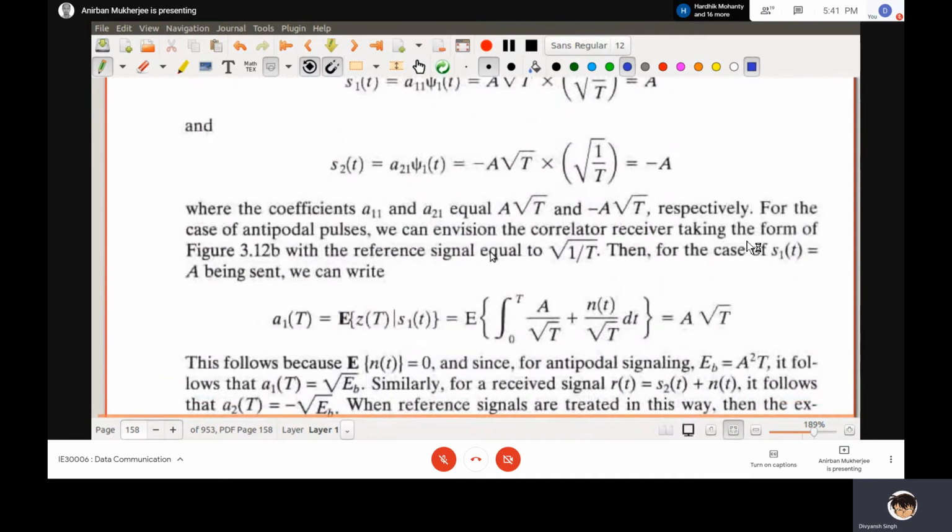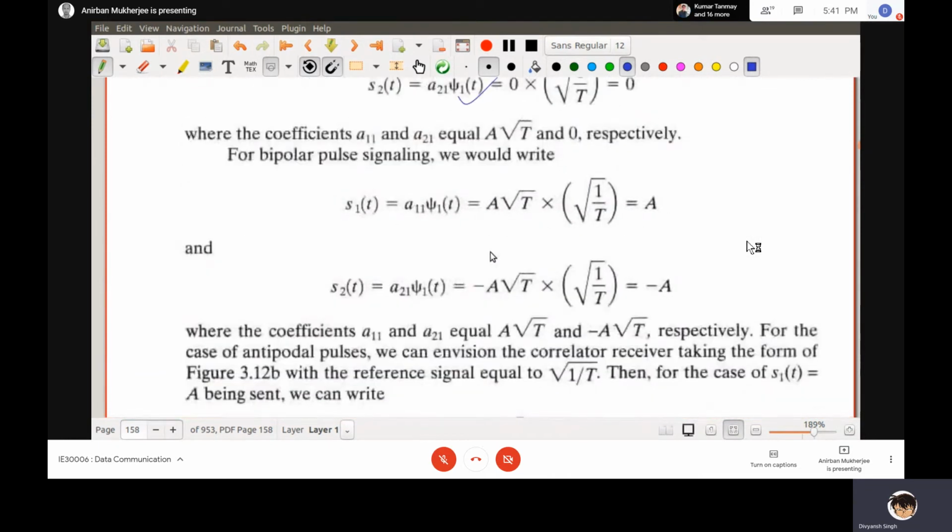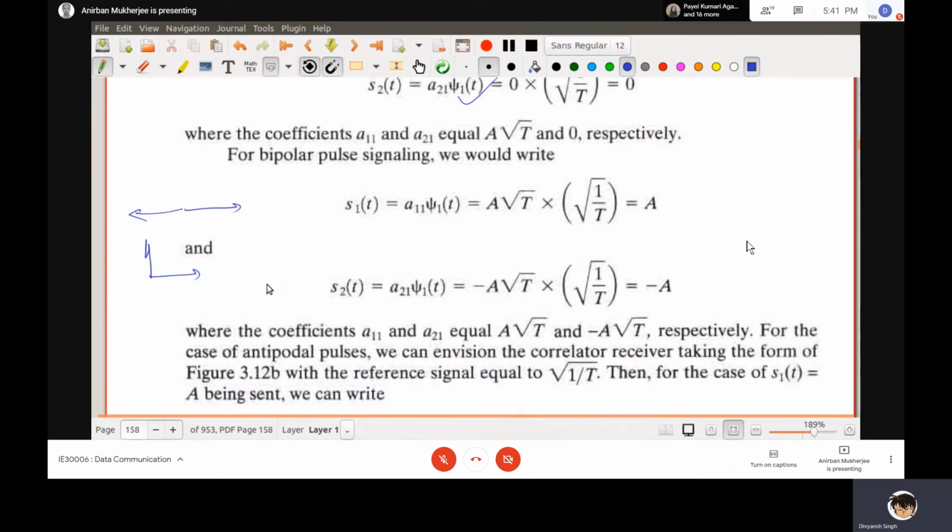Why is this sometimes required? Because always we are talking about S1 like this, S2 like this. But there may be cases where, instead of binary signaling, you have 2 bits grouped together. That means you are sending 0 0 as one waveform S1(t), 0 1 as S2(t), 1 0 as S3(t), and 1 1 as S4(t).